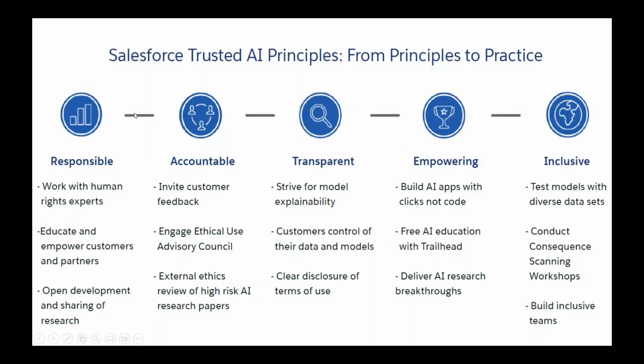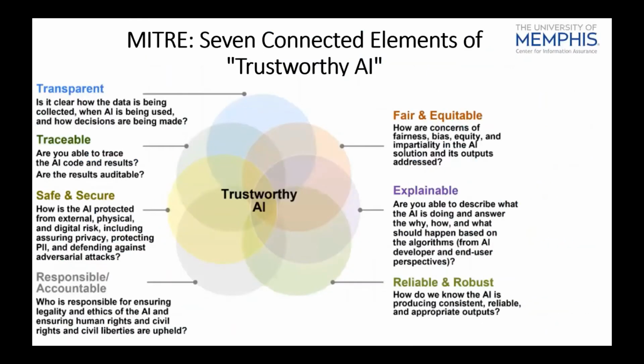So this kind of gives a guideline to build trusted AI principles in production services, and from the principles to practice. Following the responsible groups, how to do accountability, be transparent, and be empowering and inclusive to people. That's the recommendation from Salesforce.